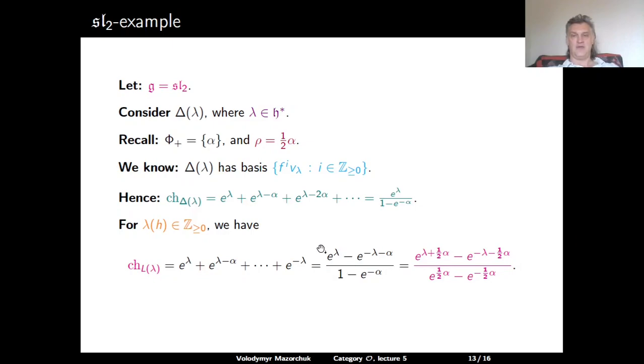And now if we multiply both the numerator and the denominator with the exponent of rho, we get this symmetric expression, the exponent of lambda plus 1/2 alpha minus the exponent of minus lambda minus 1/2 alpha divided by the exponent of 1/2 alpha minus the exponent of minus 1/2 alpha.